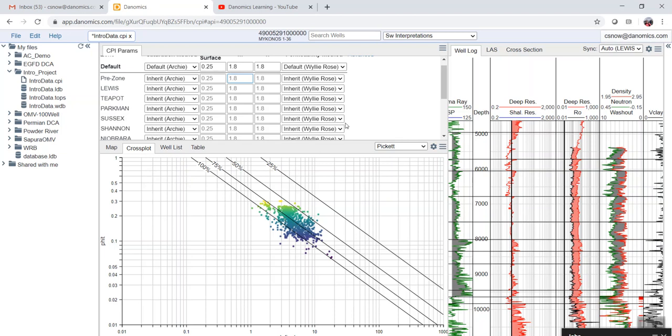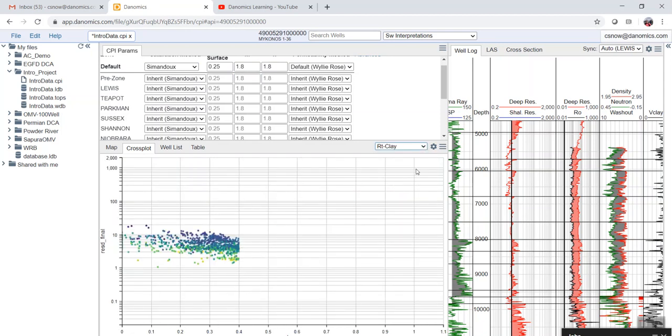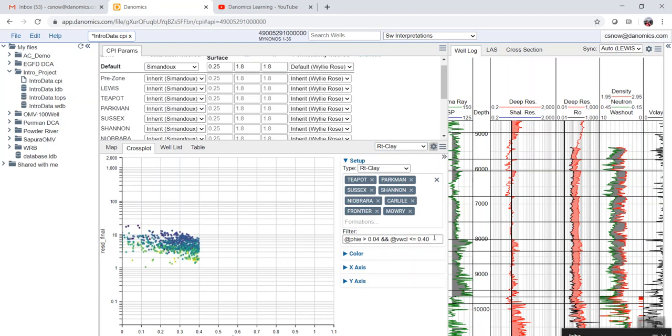Now, if we switch this to Simandoux, one of the things we'll notice is that we now need to set a parameter for clay resistivity. And as part of that here, we have our clay resistivity cross plot. We need to go clear out that filter that we had in there, because now we're actually more interested in the higher clay fraction of the rock. And if we look at this, you can draw kind of a trend through here.